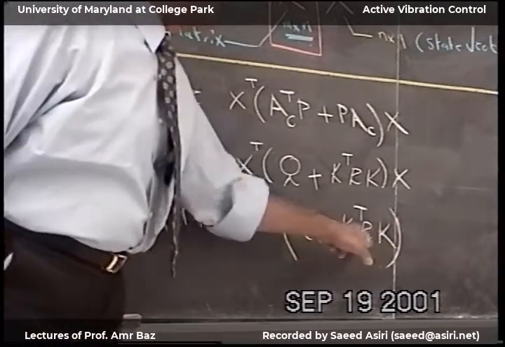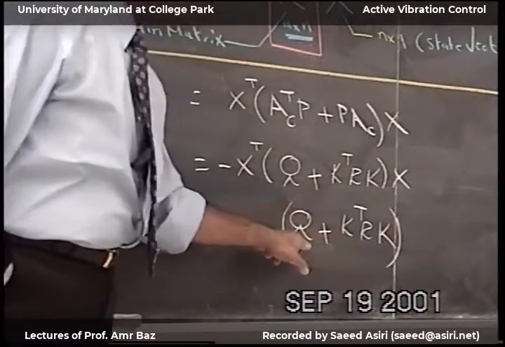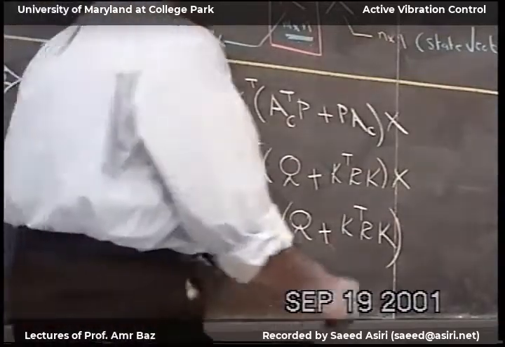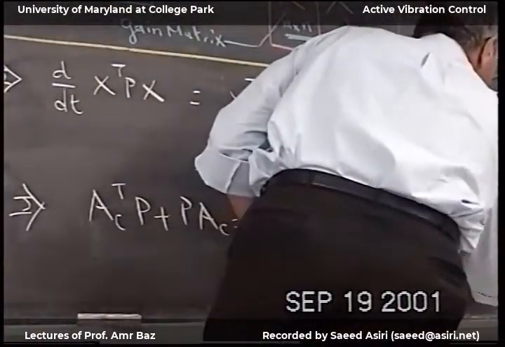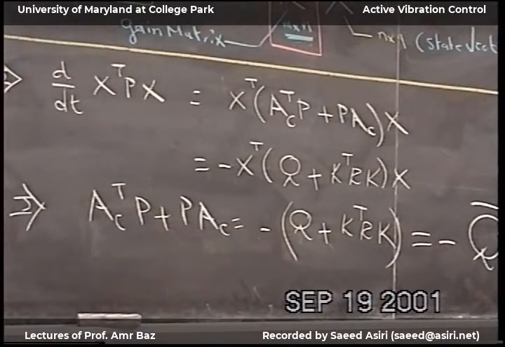K transpose R K is K squared times positive, plus positive, everything is positive, and then negative. This means that this is equal to minus a big positive definite matrix.